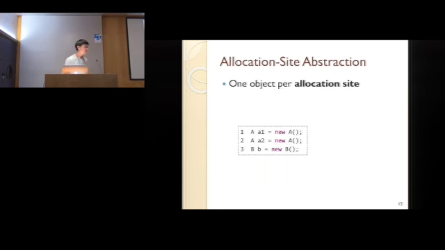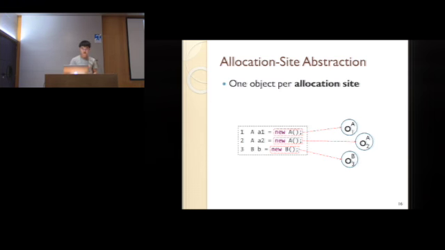A typical heap abstraction is allocation-site abstraction, which creates one object for each allocation site. So for this code, the allocation-site abstraction creates 3 objects, one object per allocation site. Here, the A at the upper right corner denotes the type of this object. So this is an object of type A.